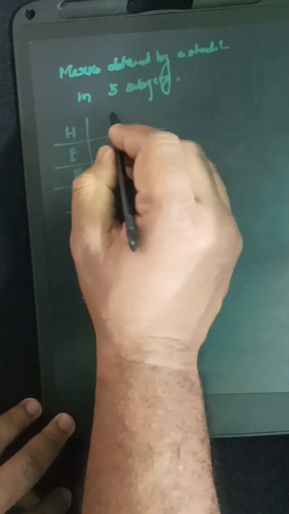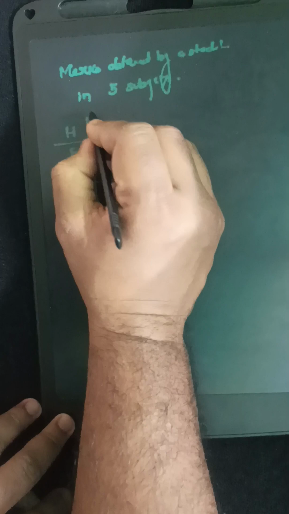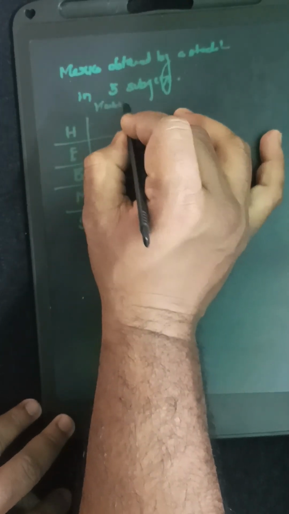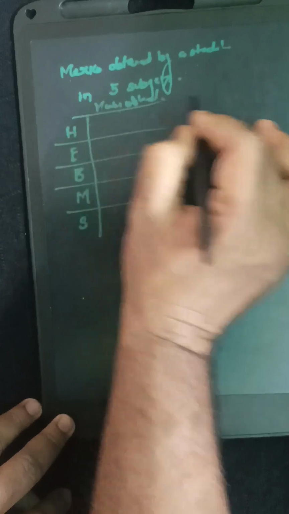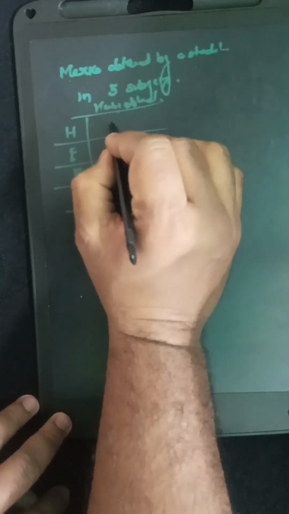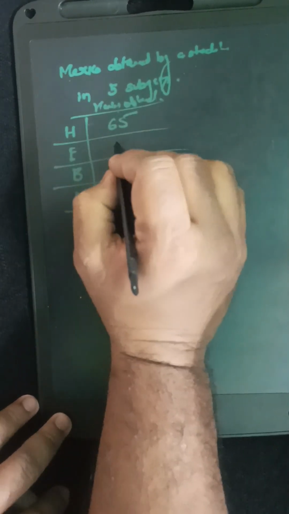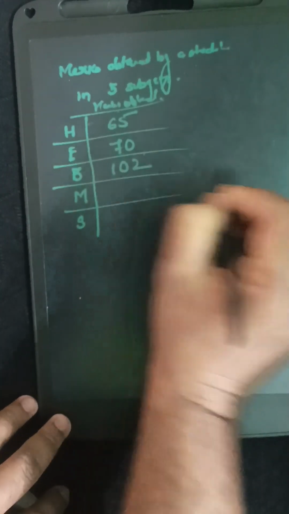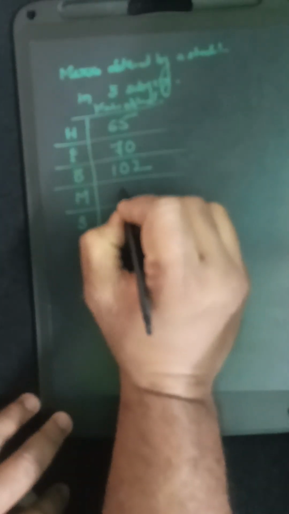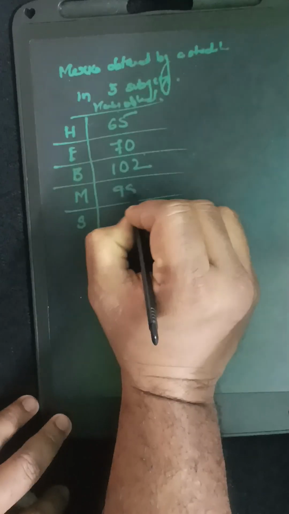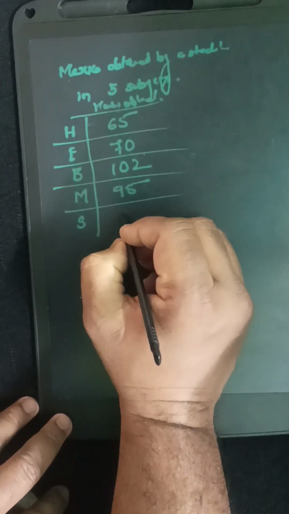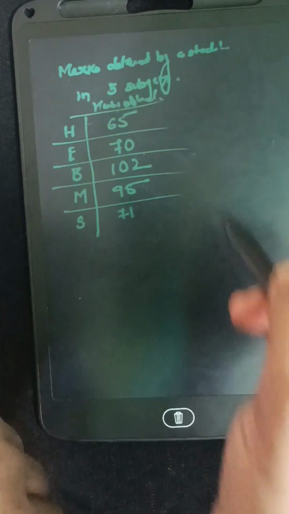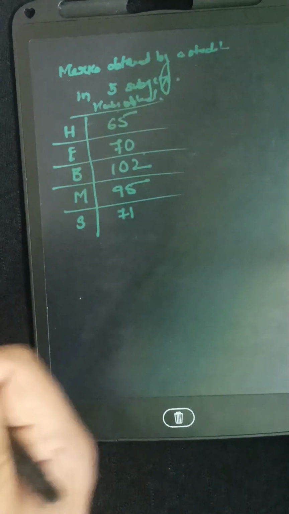All these are rows and this is the column, marks obtained. In Hindi he has got, suppose, 65, English 70, Bengali 102, mathematics 95, and science 71. So we are supposed to find an outlier in this case.